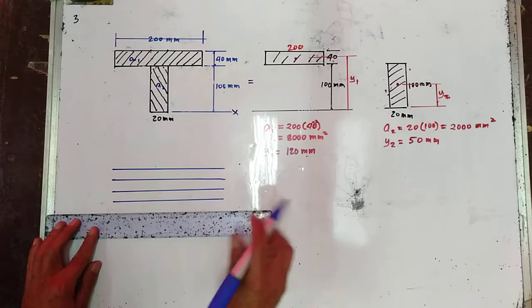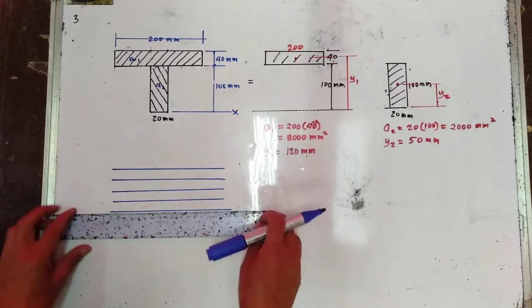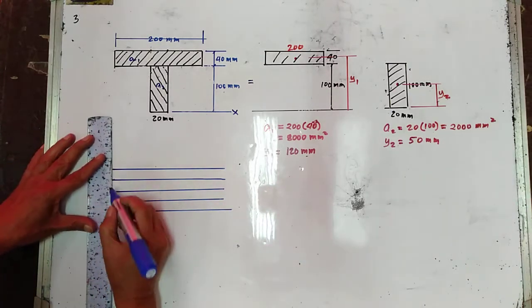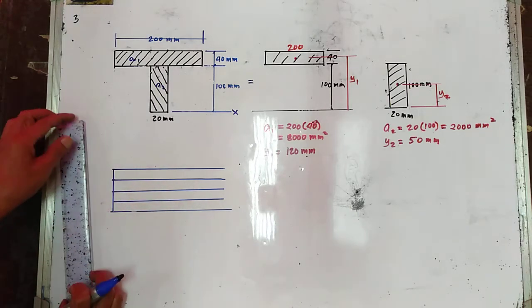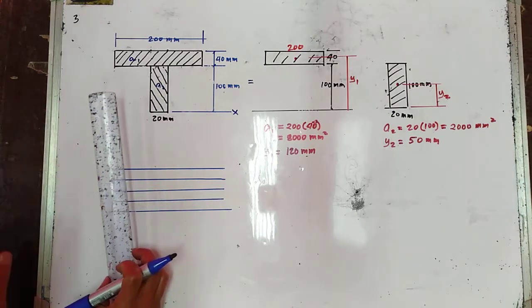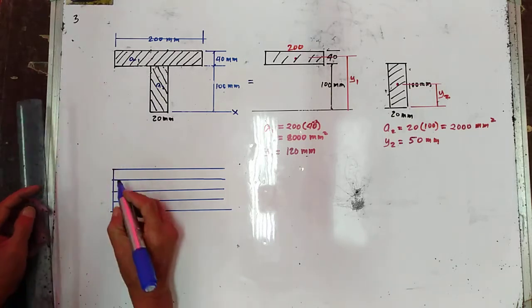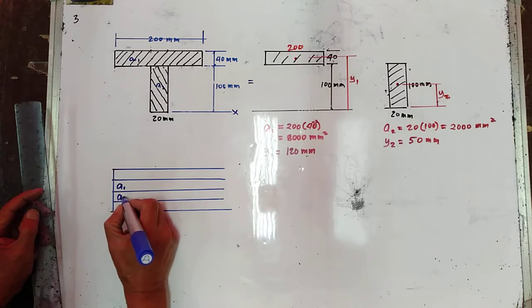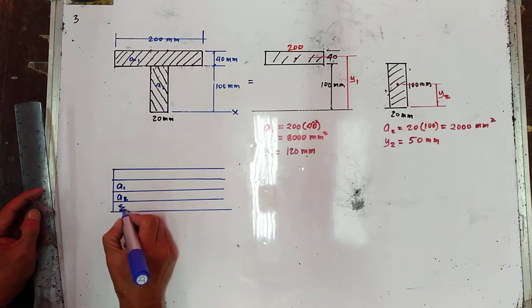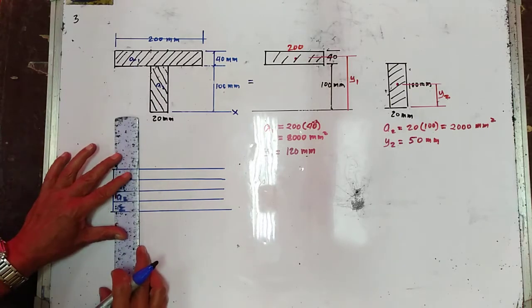So this is your area 1, that is your area 2, and we now have the summation.